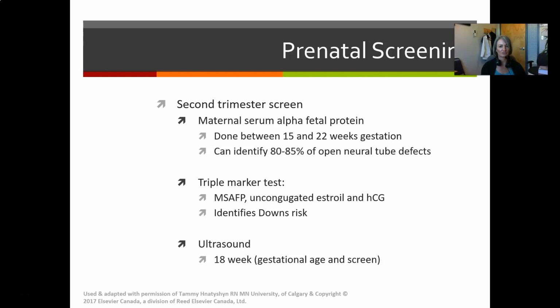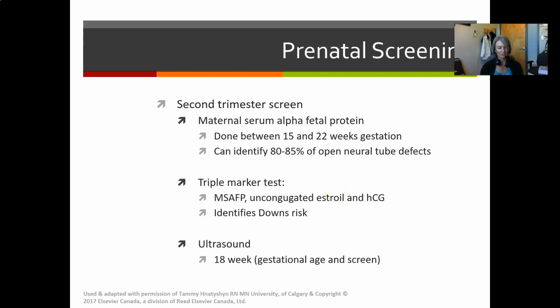And then our second trimester screening, we can certainly look at the maternal serum alpha fetoprotein, which is to look for some of our neural tube defects, okay? It can be done with reasonable reliability between 16 and 18 weeks. And if it's abnormal, then they might look at amniocentesis, but there are some benefits and risks to that as well.